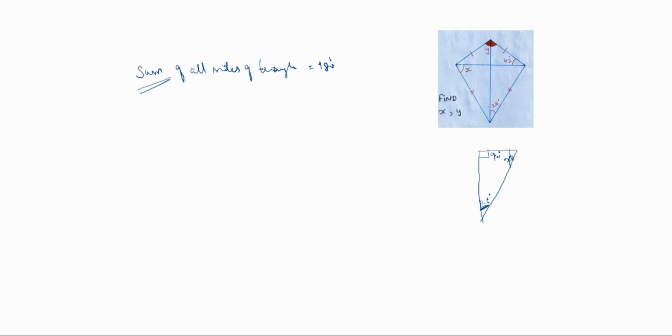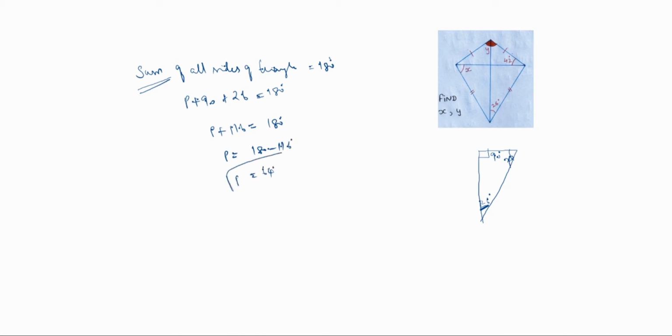So p plus 90 plus 26 equal to 180 degree. So p plus 116 is equal to 180 degree. p is equal to 180 minus 116 equal to 64 degree.